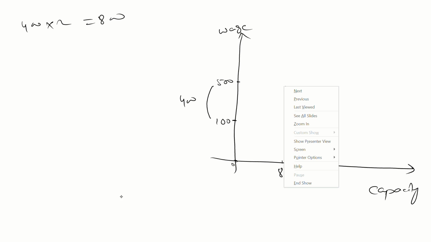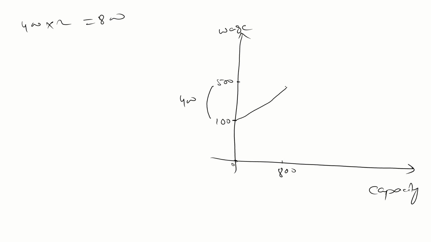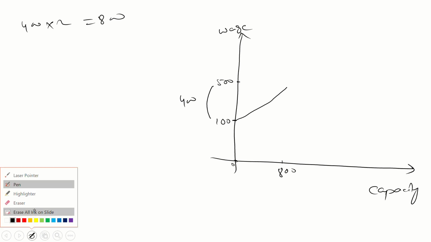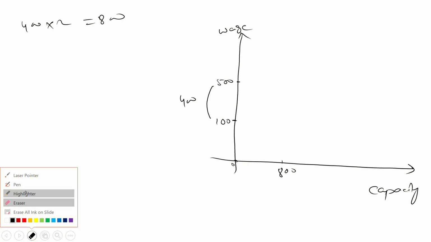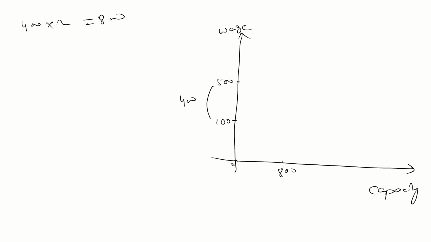Just match it up here. Guys, my pen is not working smoothly, but you will do it on your own and you will get the result. So after doing this you will get these things.